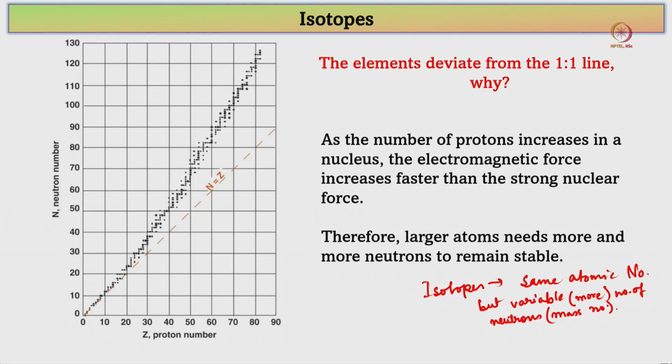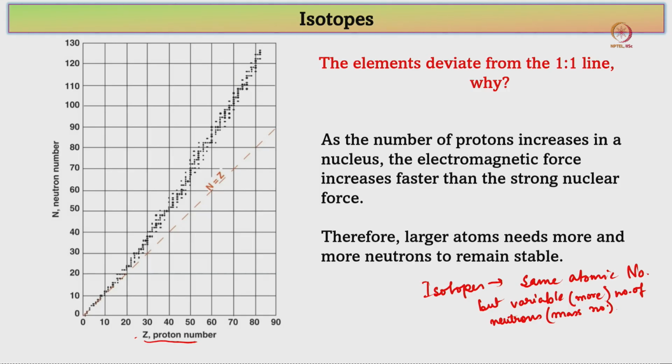And if we see the natural variability of elements and we plot them in this chart where we have proton on one axis, that is basically the atomic number, and we have the neutron number.